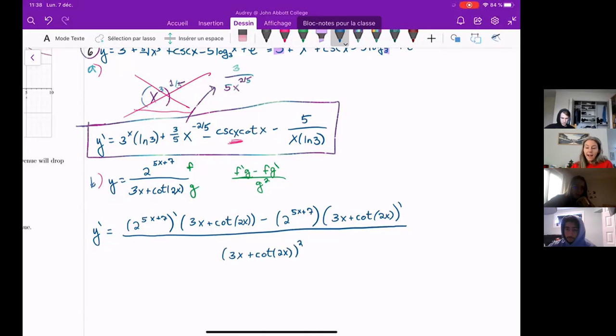And now I'll actually take my derivatives. I've just put the things that I have to differentiate in primes.